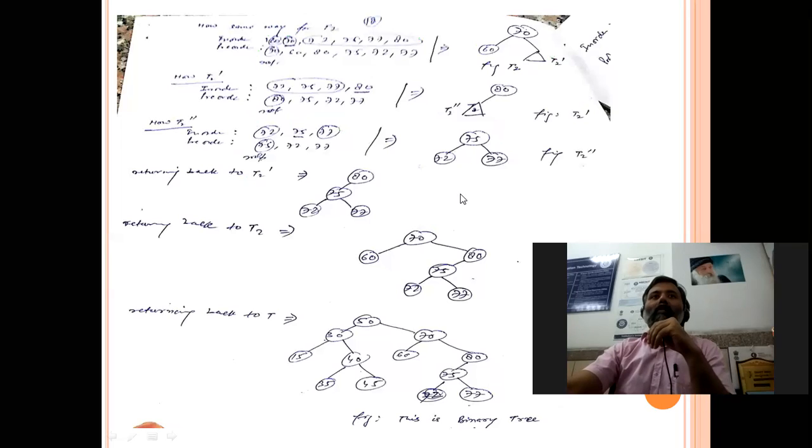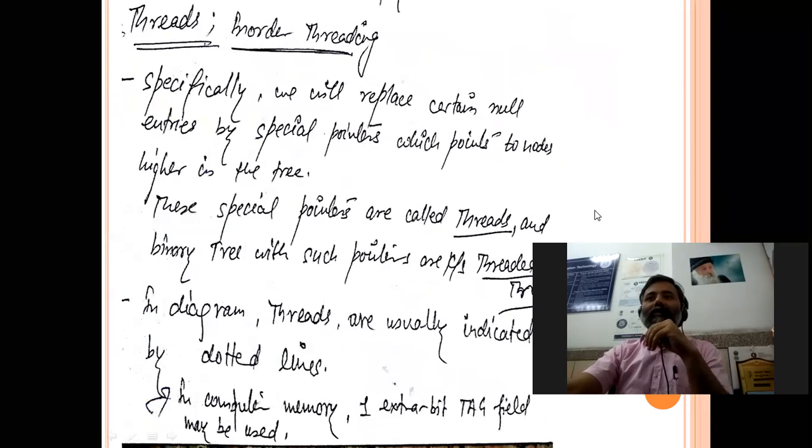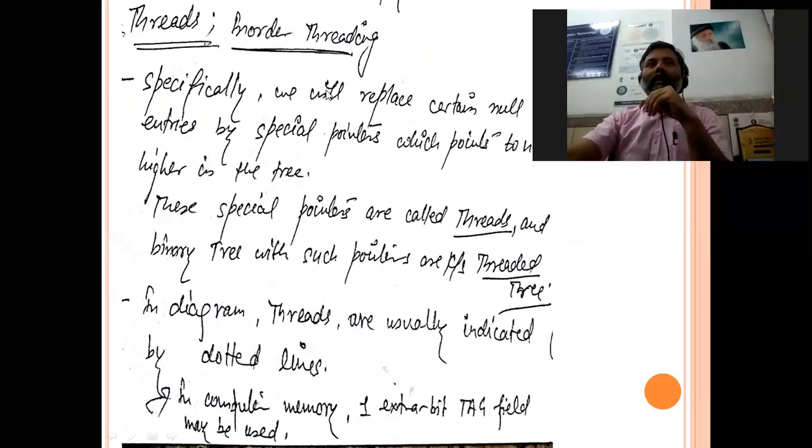Now the next topic we have is threading. Specifically, we will replace certain null entries by special pointers which point to nodes higher in the tree. What happens?